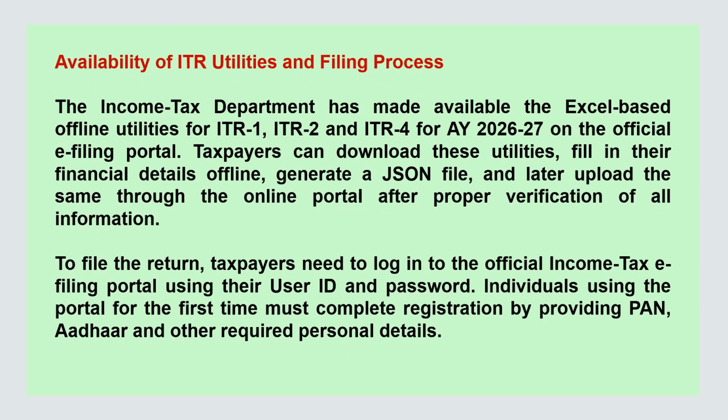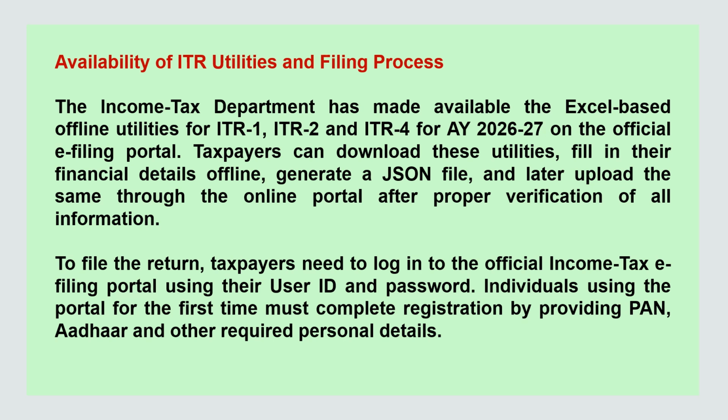Availability of ITR utilities and filing process. The Income Tax Department has made available the Excel-based offline utilities for ITR 1, ITR 2, and ITR 4 for AY 2026-27 on the official e-filing portal. Taxpayers can now download these utilities, fill in their financial details offline, generate a JSON file, and later upload the same through the online portal after proper verification of all information.